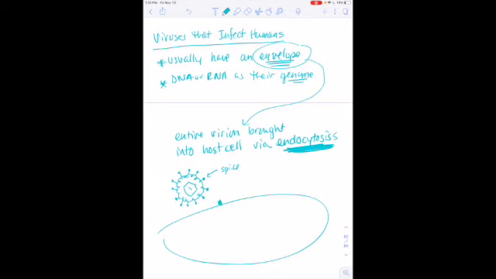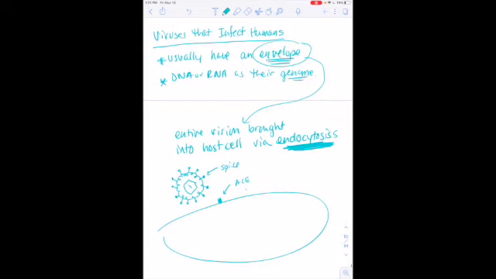So it attaches to those ACE receptors, right? So this binds to there, but the whole thing is then brought in as an endosome. So this will fuse.